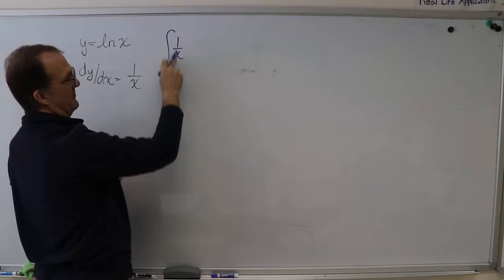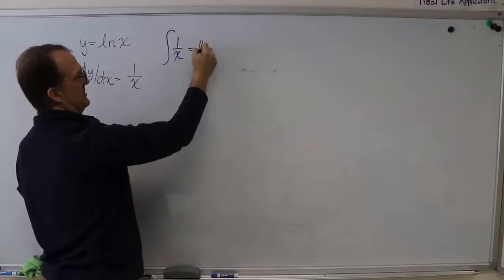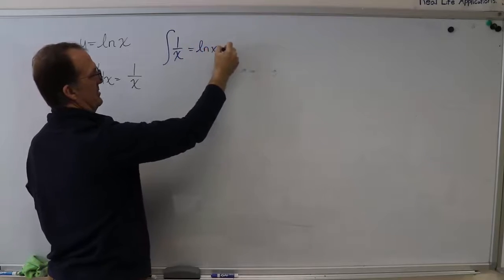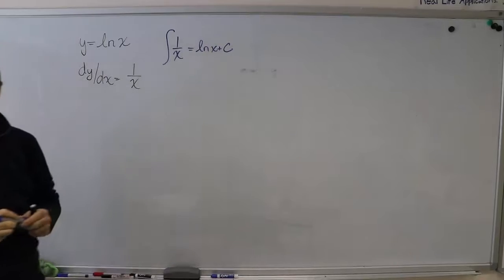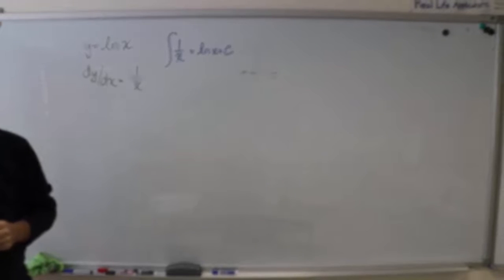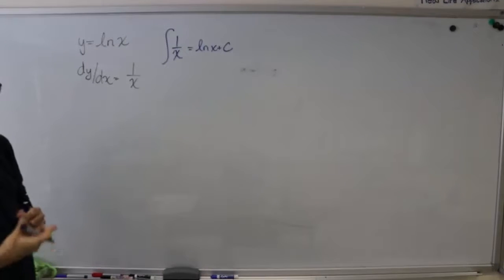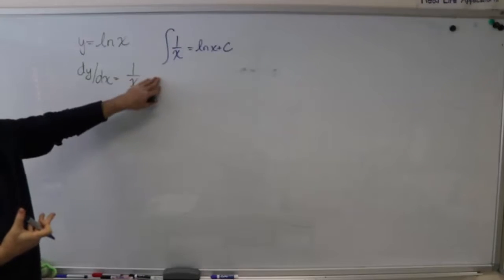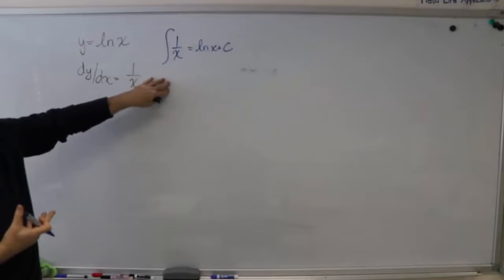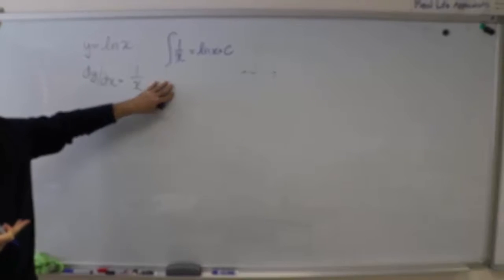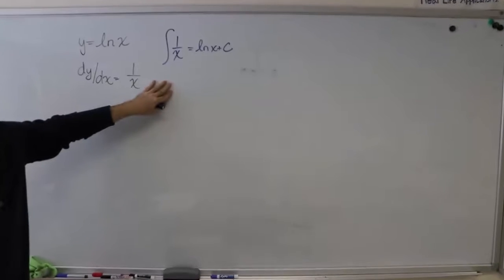It follows that the integral of 1 over x is the log of x plus c. Okay? So yeah, I'm moving on now to thinking about how do we deal with the integrals. And this is where integration by substitution, you have to work through and think about that.